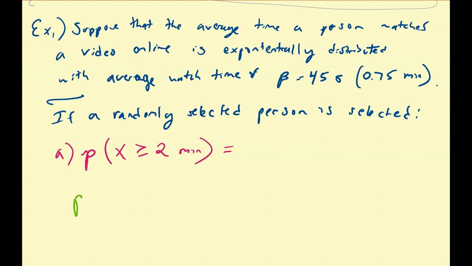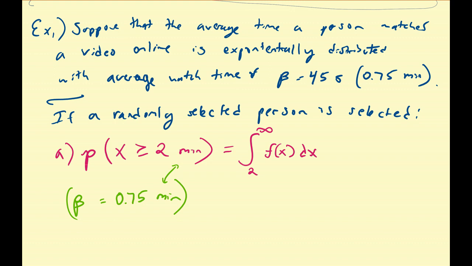It's already given that the average watch time is equal to 45 seconds or 0.75 minutes. So let us make sure always that these are in the same exact units so we don't get any errors there. This is the same thing as writing the integral from 2 to infinity of f of x with respect to x.